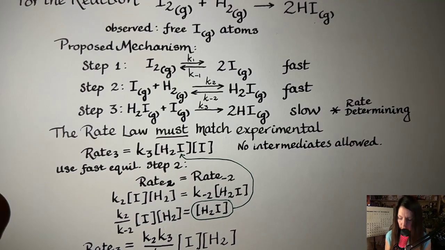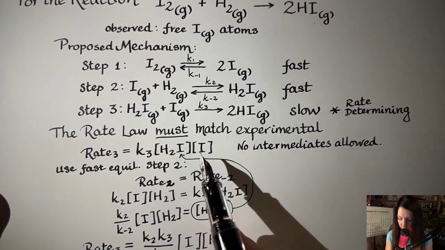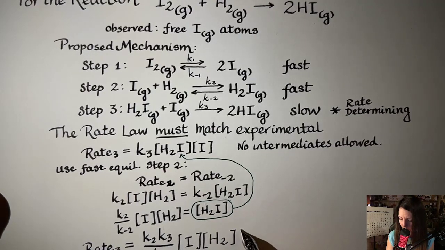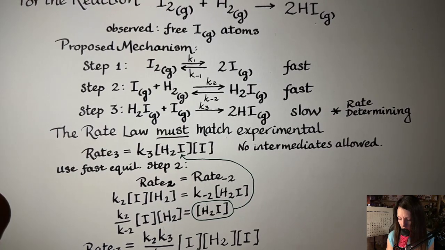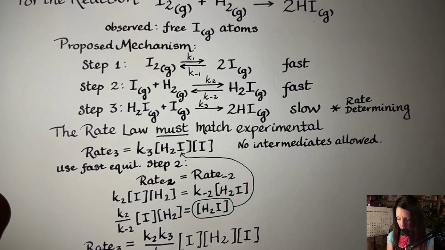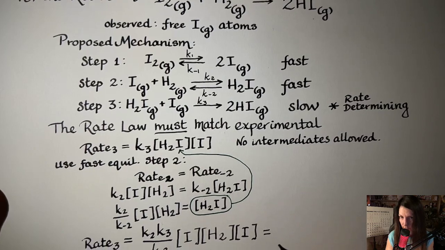Okay, that looks a little bit better. Oh, we need to have the other I there, sorry. I thought something looked a little wrong here. Okay, I got it. So we notice here that we have these two I's, and we can combine those together. So why don't we do that?